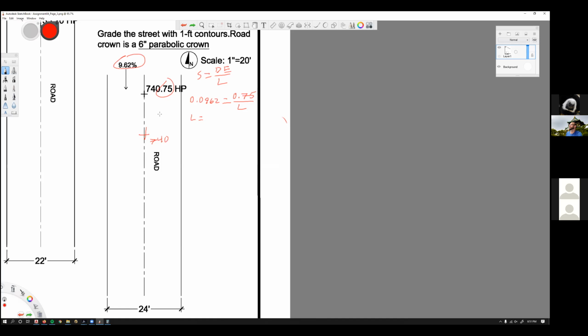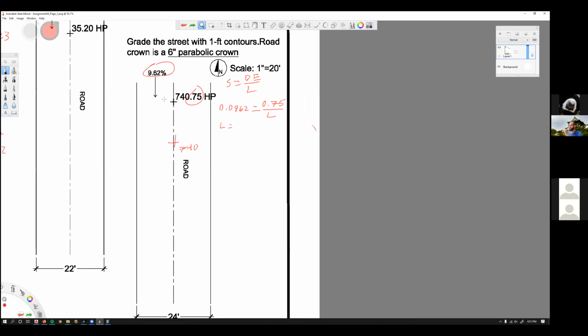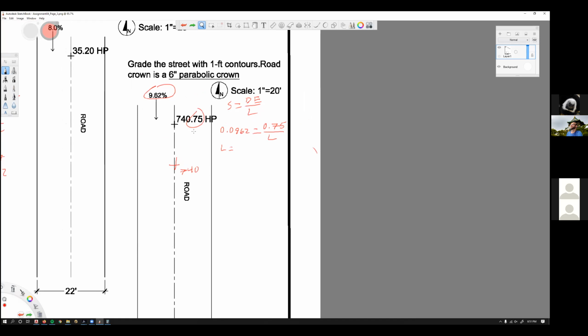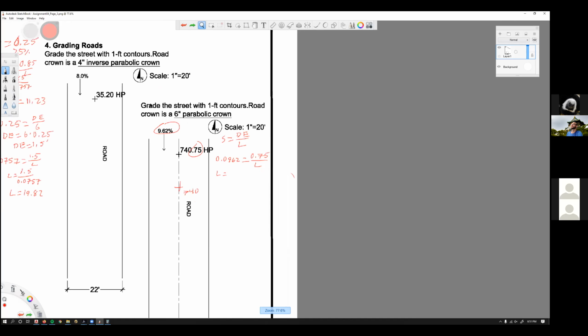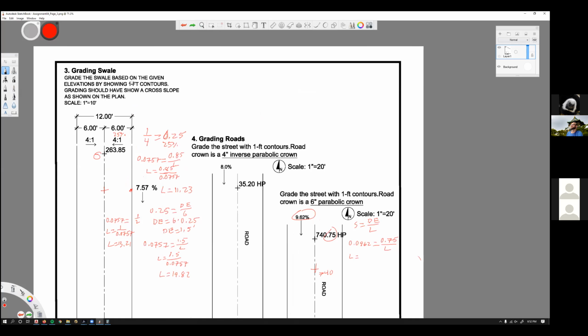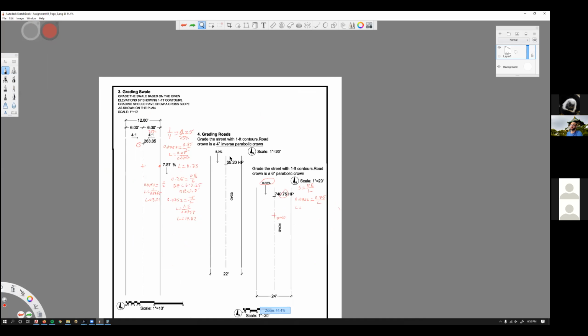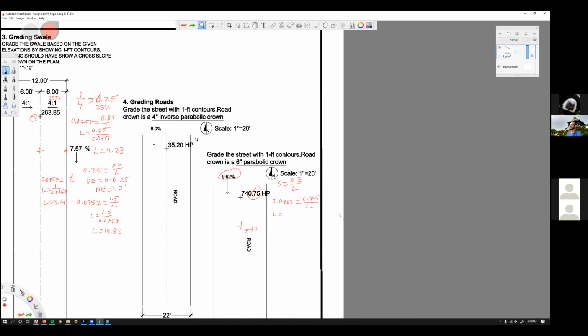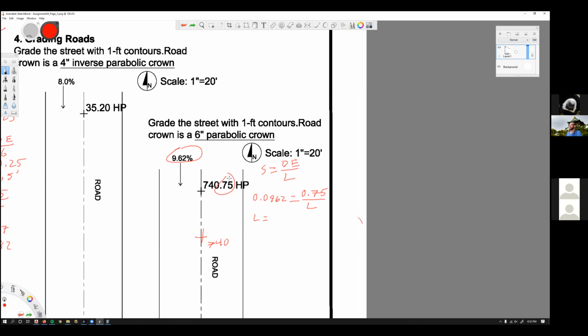We need a starting point, right? We could draw a contour line and do all of our math using this starting point, but that's not what our instructions are. The instructions are to show the 1 foot contours. Typically you could argue that you could go every 1 foot from the starting point, but really what he's asking you to do is to use the 1 foot whole number contours.